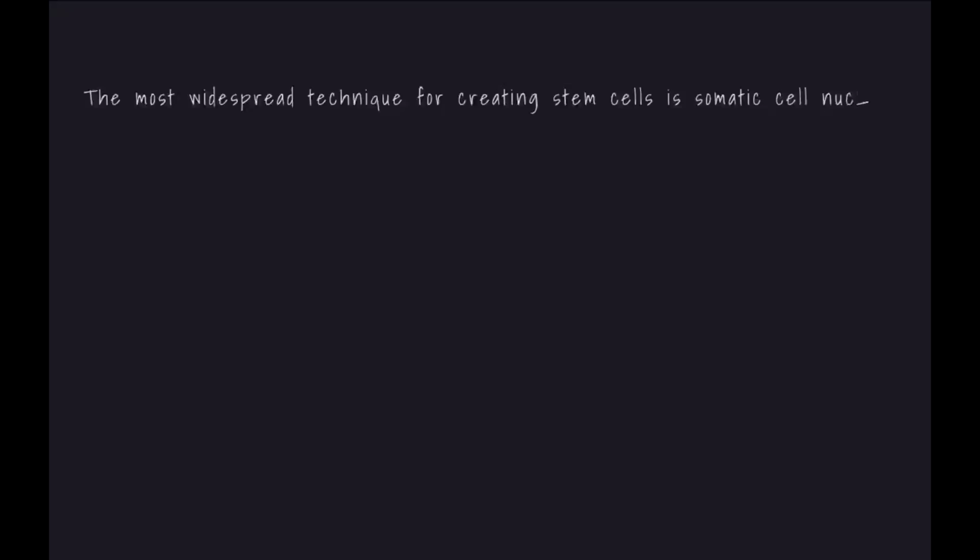I will start with a couple of more technical details about the way in which embryonic stem cells are cloned. Very generally speaking, cloning creates a line of embryonic stem cells genetically identical to an individual. The most widespread technique for creating such stem cells is somatic cell nuclear transfer.